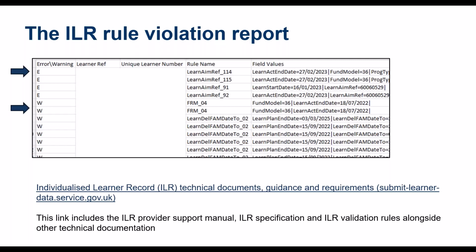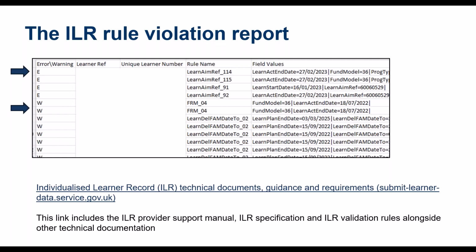This is a link to the ILR provider support manual, ILR specification, and the ILR validation rules, alongside some other technical documentation. The ILR validation rules is a big spreadsheet which lists every single validation error and warning, and goes into some technical detail, but I find it is useful if you have any confusion.